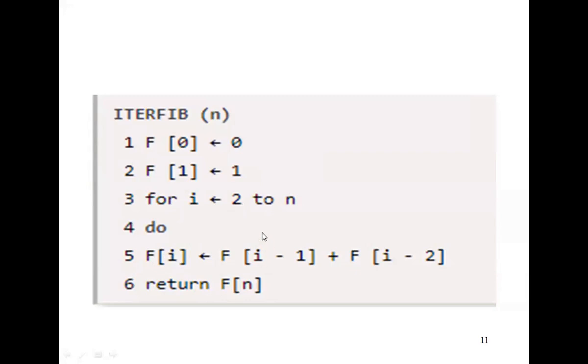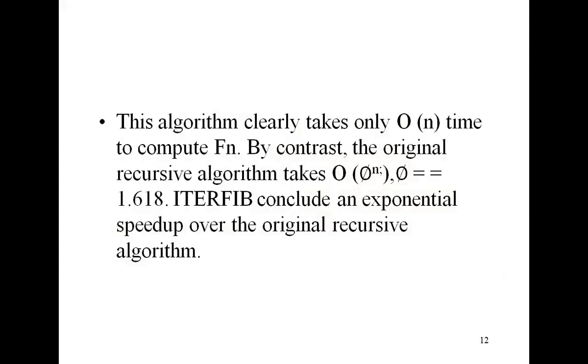So how much time is taken for the recursive approach of calculating the Fibonacci numbers, and by using the iterative approach? Now see the difference, you can easily understand. This algorithm clearly takes only O of n time to compute f of n.